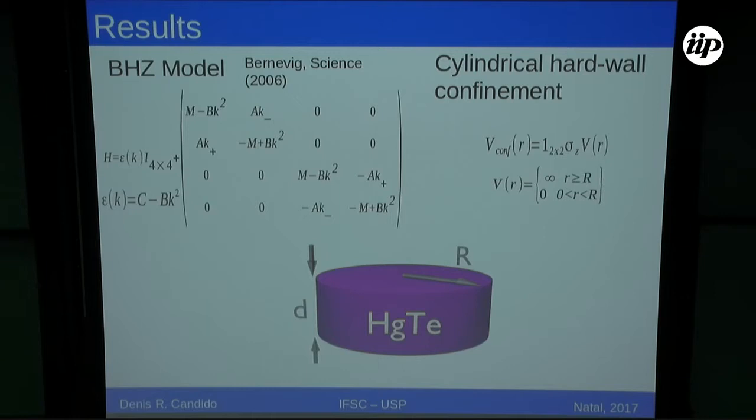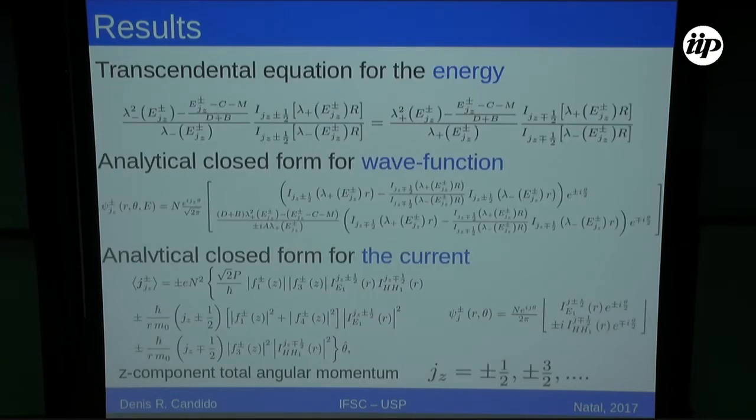The first result that I show, okay, I don't want to spend much time on this, but the beauty of this work is that we can find the transcendental equation for all the energies of our system. We just need to plug in the Z component of the total angular momentum in this equation.